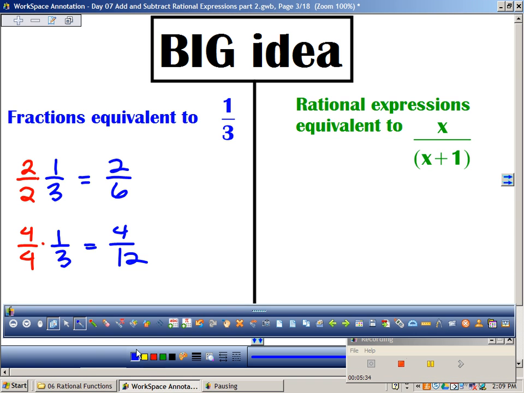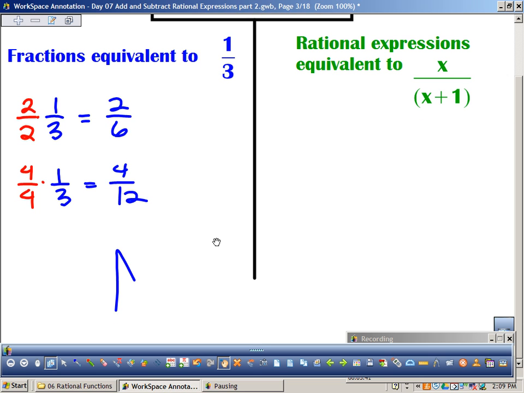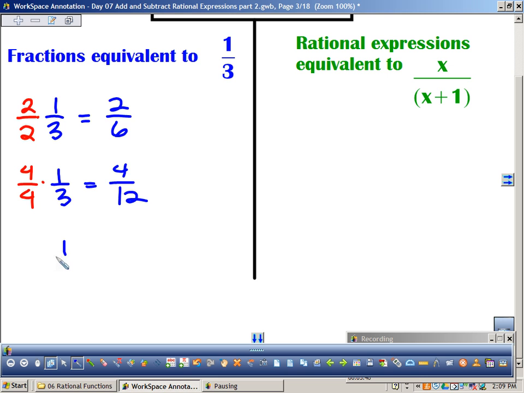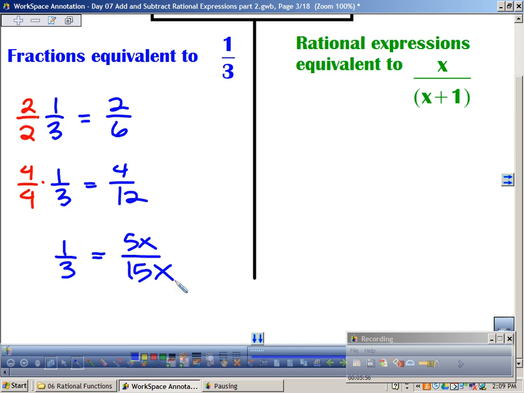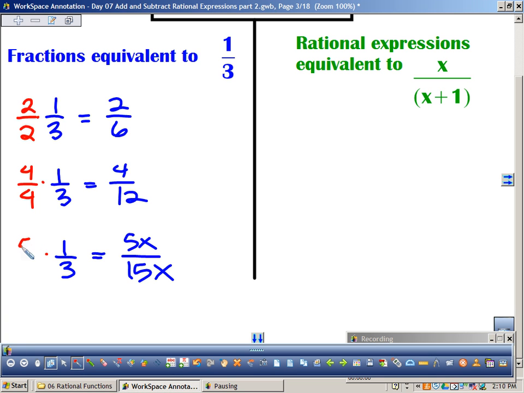Whatever. Why are you guys all upset by that? I don't understand. You love it? What if I wanted to make it, what if I did this? What did I multiply by? I multiplied by 1. I multiplied by 5x over 5x.